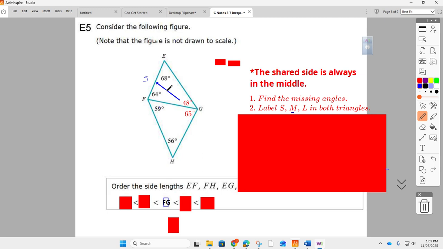Which one is the medium angle? So there's a 64 left and a 68 left. 64. So we're going to go across, and that's going to be EG. That's the medium side. The biggest angle is 68, so the longest side is along the side in this top triangle.